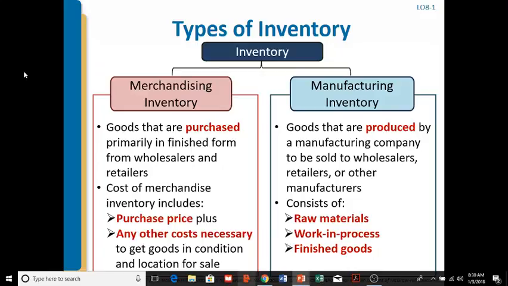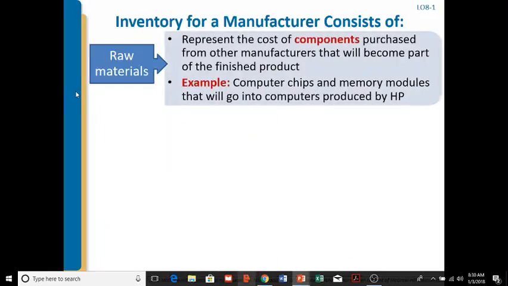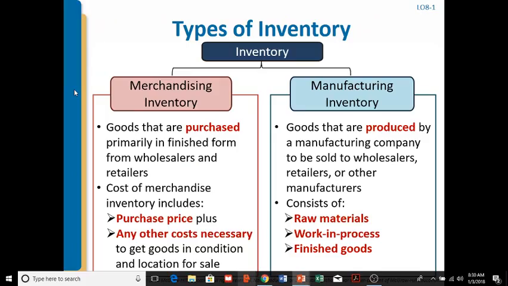And the cost of the merchandise inventory includes the purchase price plus any other costs necessary to get the goods in condition and location for sale. So you might have insurance costs, freight costs, things like that.